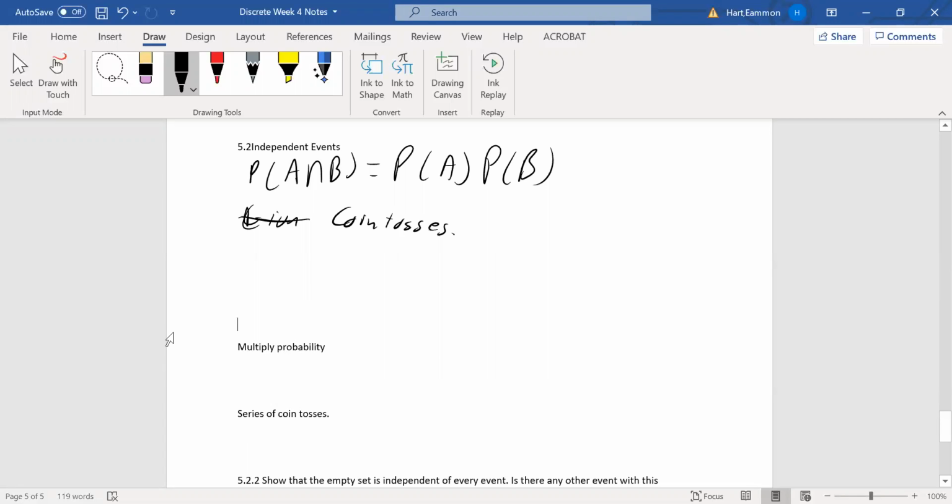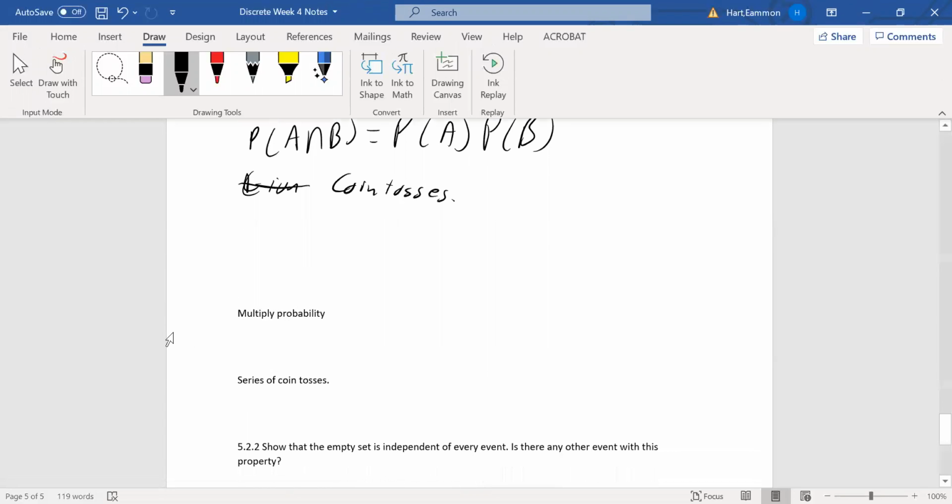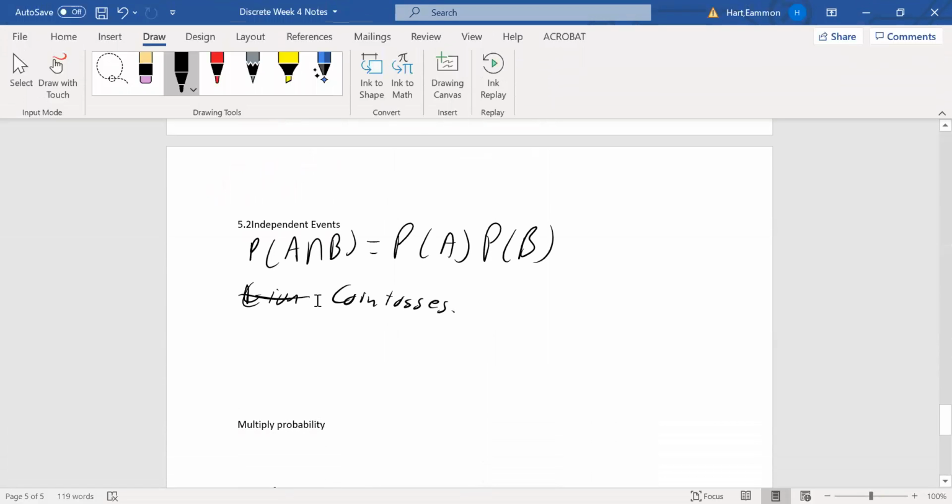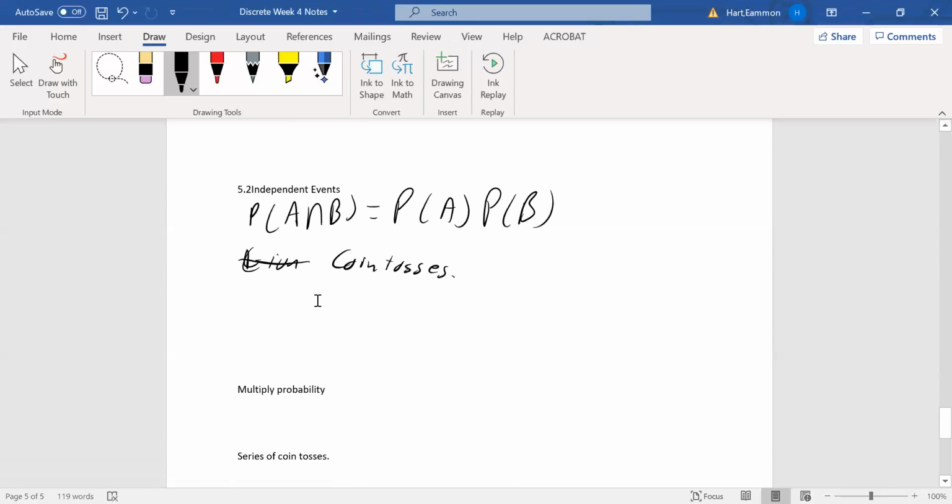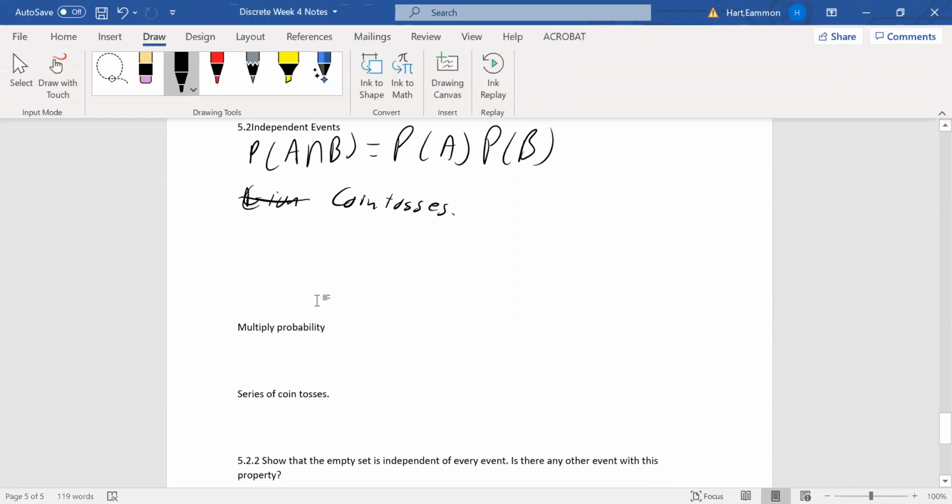If I flip the coin once, that doesn't tell me anything about what I'll get if I flip the coin a second time or a third time or a fourth time or a fifth time or a sixth time. If I have a fair coin, then it doesn't matter what my previous flips were. It's uncorrelated. So that is the basic conceptual idea behind independent events.